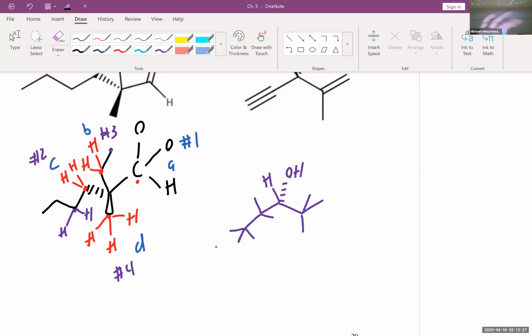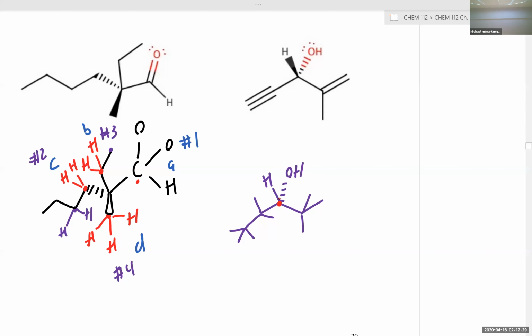Okay, so now let's identify. Looking at our central chiral center, what is the highest priority group? What is the highest atomic number atom attached to our chiral carbon? Oxygen, yep, exactly right. So we put a number 1.